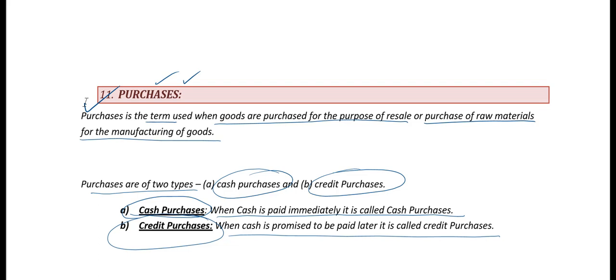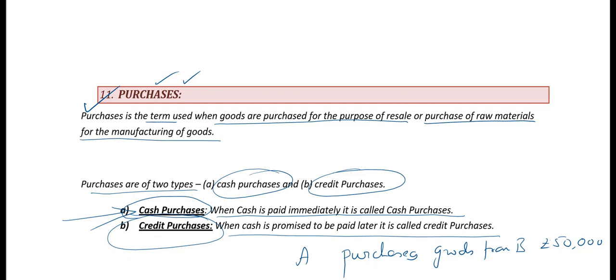Now let's say A purchases goods from B for rupees 50,000. If A pays rupees 50,000 to B immediately, then you call it a cash purchase. But if A tells B, I will pay you cash at a later date, then we call it credit purchases.